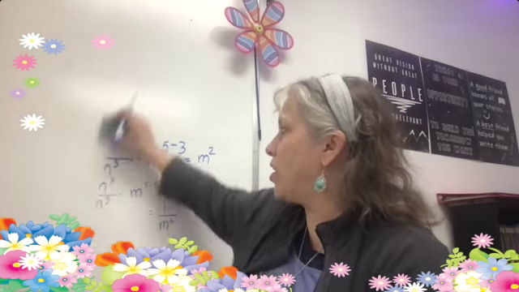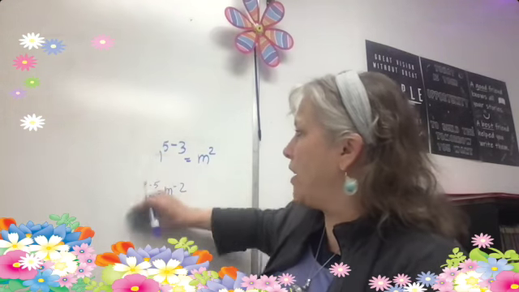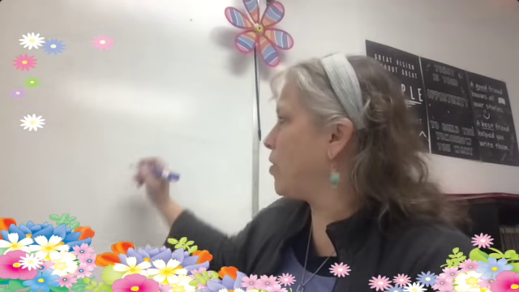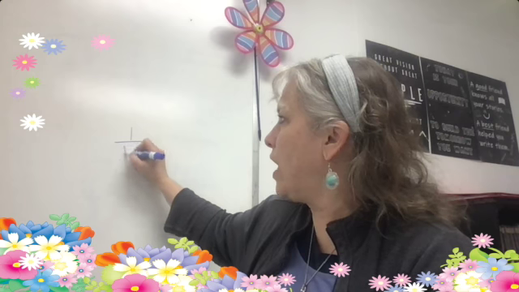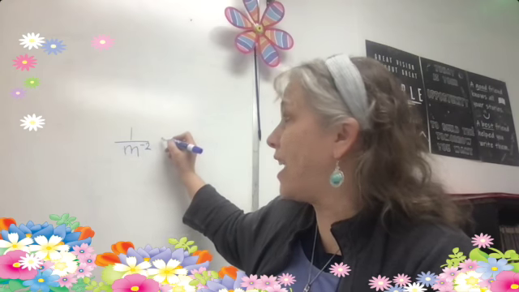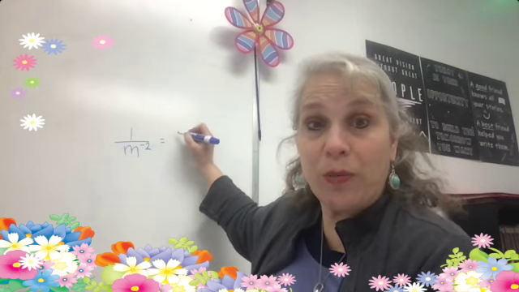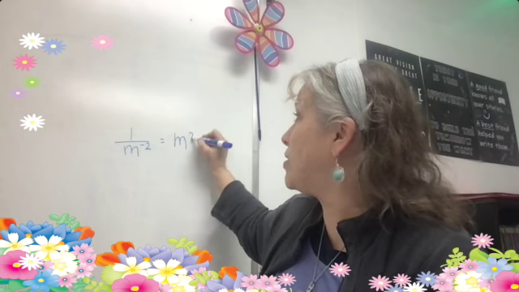Now, we always like to leave our exponents as positive exponents. So if you do have a negative exponent, you want to change it. Okay, so if I had 1 over m to the negative 2, that would be equal to m squared.